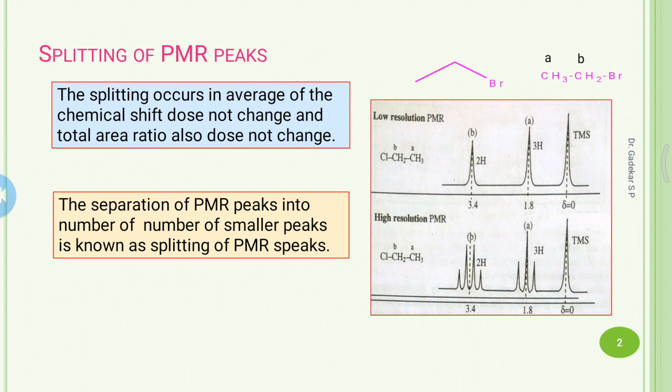In high resolution PMR spectrum, peak A splits into a triplet and B splits into a quartet. When we look at the high resolution spectrum of the same compound, we find that peaks A and B split into a number of smaller peaks.